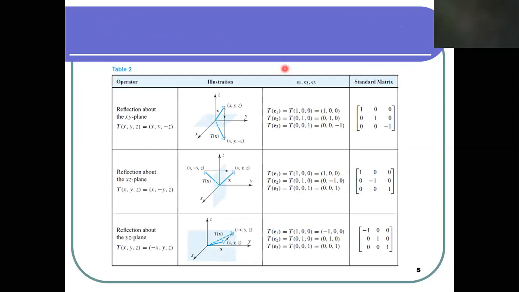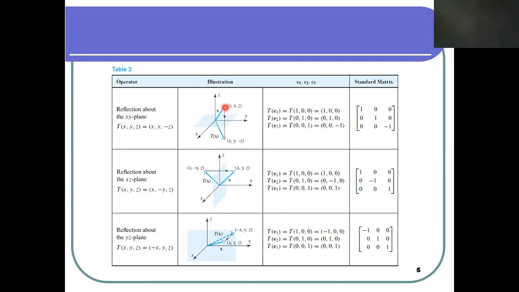Look over here. In three dimensions, consider reflection about the xy plane. Sorry, dear student, you are giving a reflection about the xy plane, I mean to say downward in the negative z-axis.